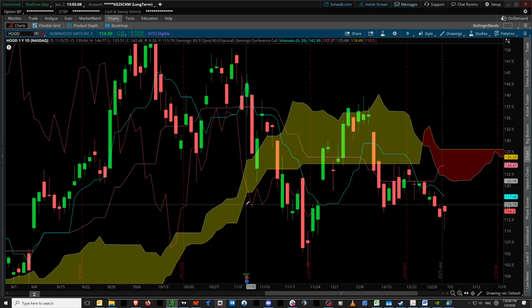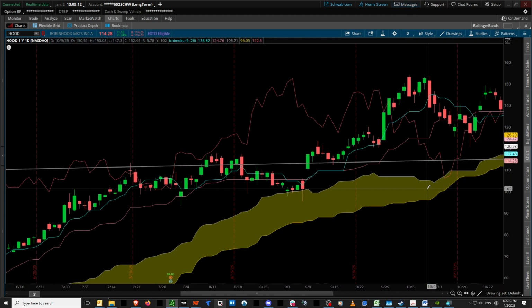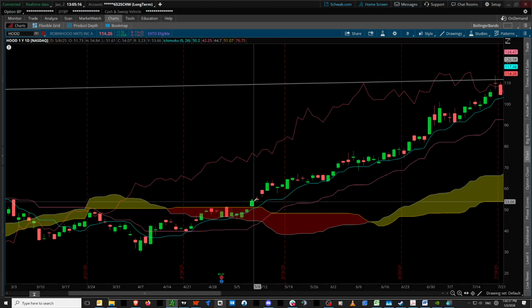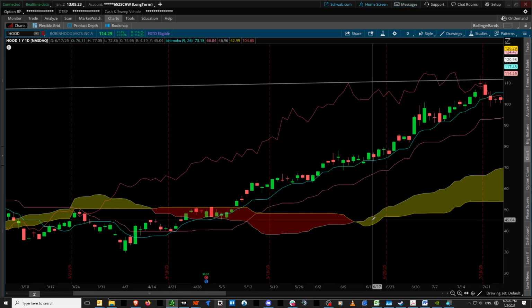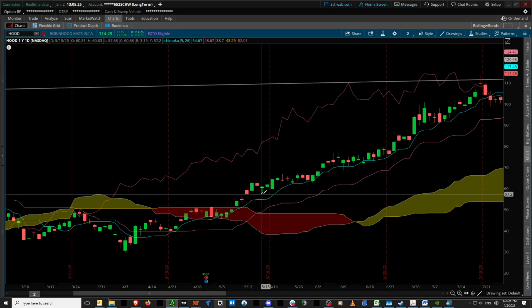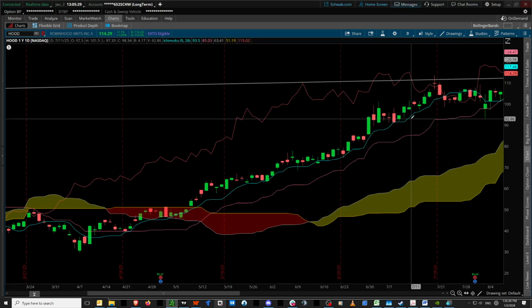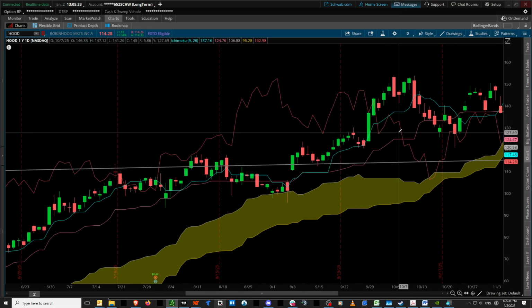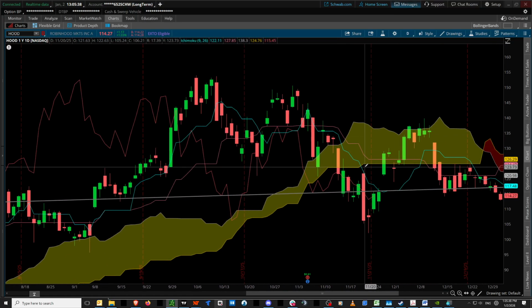If we go back in time, it left the bearish sentiment here, and when this turned and the future showed bullish, that's when you would have gotten in. And in this case, it worked. Right? Until it didn't. Right?